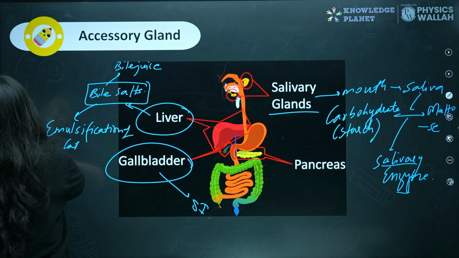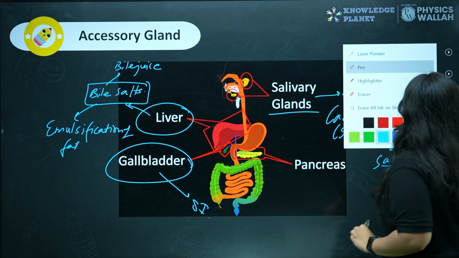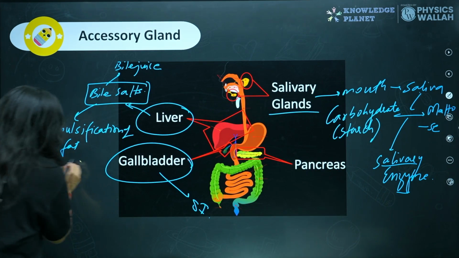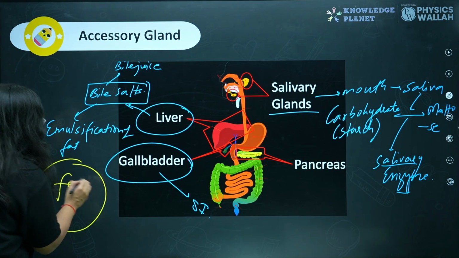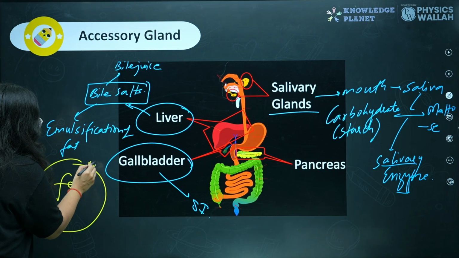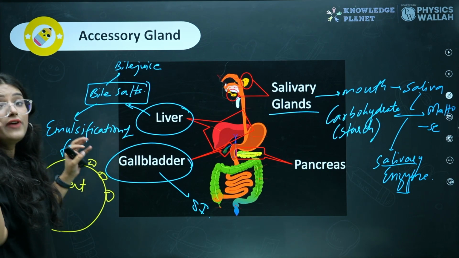So, let's talk about it here. See, we have large globules of fat, okay, large molecules of fat. And for the enzymes to act on these large fat molecules is very difficult.